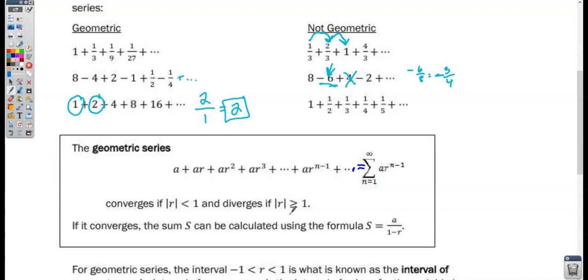We can just identify the value of r, and if r is between -1 and 1, this series will converge. Otherwise, it diverges. If the series does converge, if we know that the absolute value of r is less than 1, we can calculate the sum of the series by using this formula. S equals a over 1 minus r.